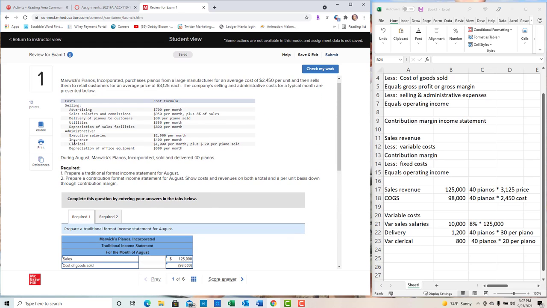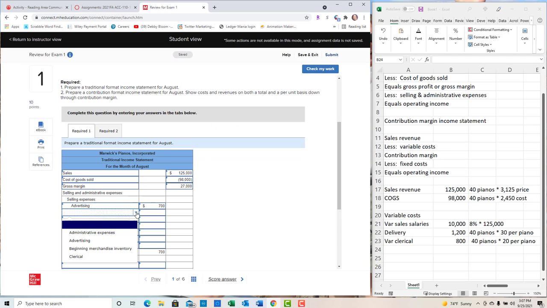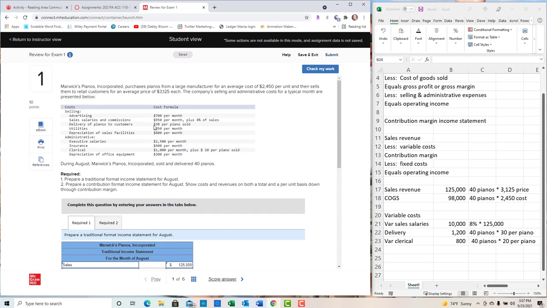The next one that we have after advertising is our sales salaries and commissions. And once again, that one is a mixed cost. So the fixed portion was $950, and then we calculated that the variable cost portion was $10,000. So our total sales salaries and commissions is the fixed portion, which is $950, plus the variable portion, which is $10,000.